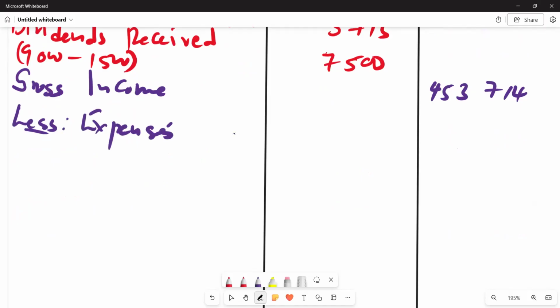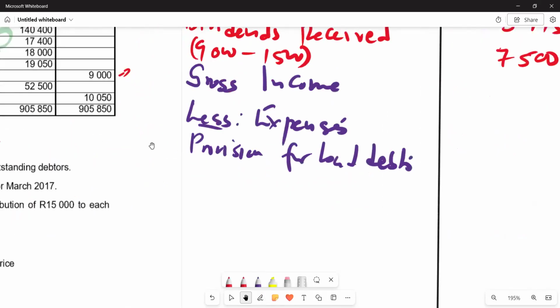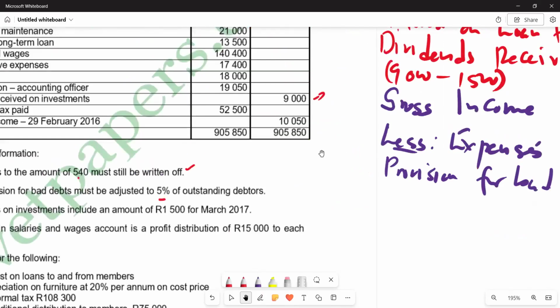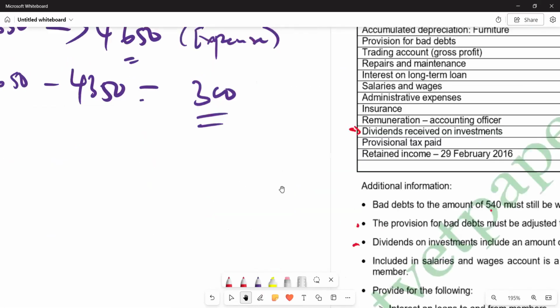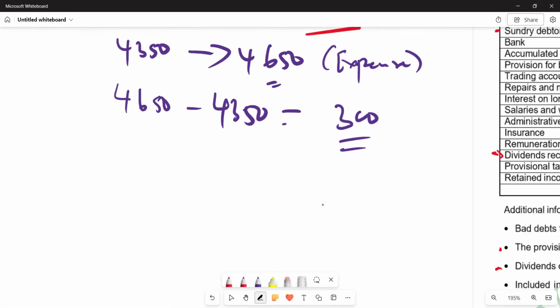Then under the expenses section now, that's where we have that provision that we calculated. So you can just say provision for bad debts. Then you just show the final calculation that led you to the answer. Remember, we calculated it there, and the final calculation to get the increase of 300, we said 4,650 minus 4,350.